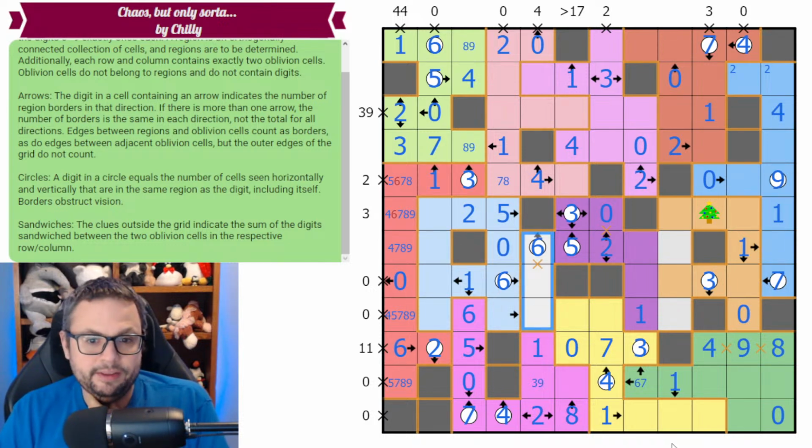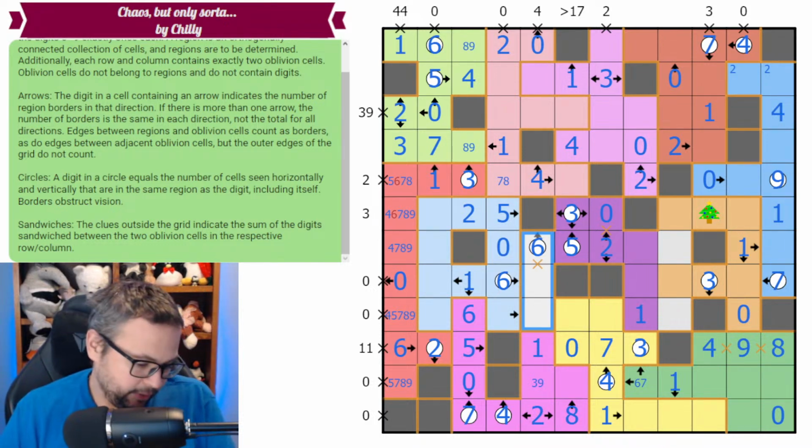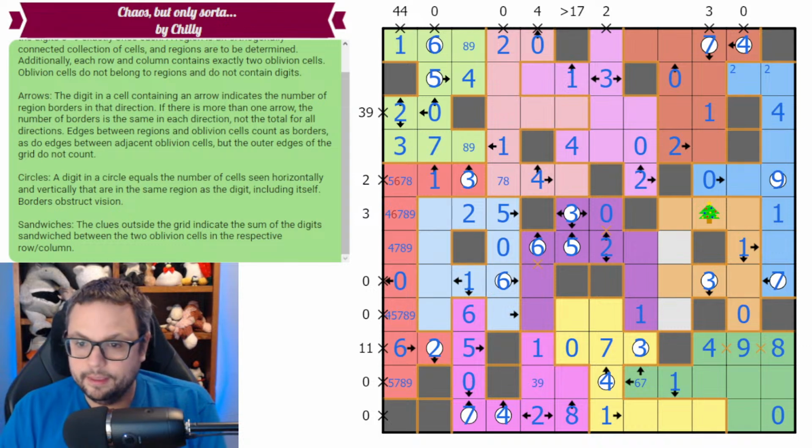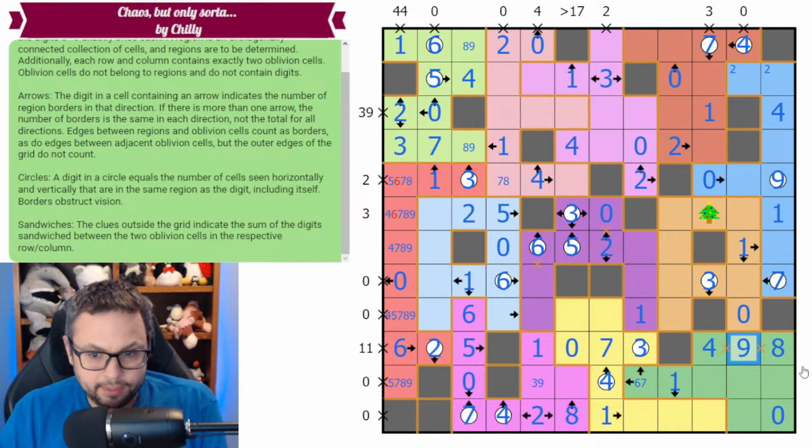Now these cells have to be something, and they can't be anything but royal purple. Oops, wrong mode again. And now I only have one incomplete region, and so it is orange.